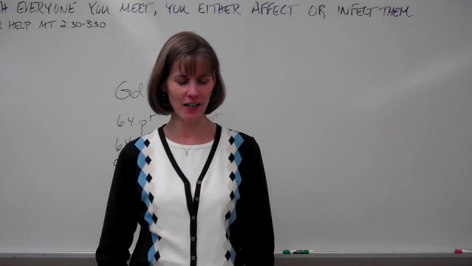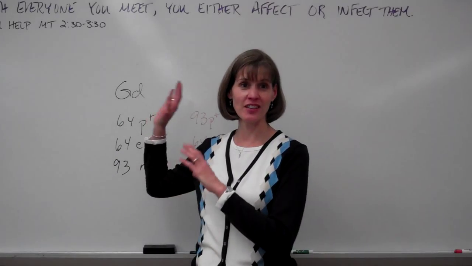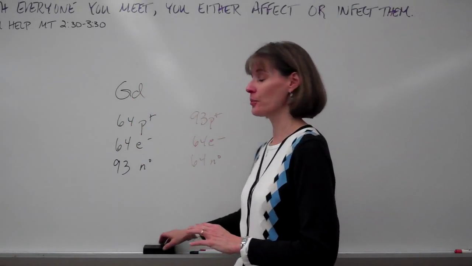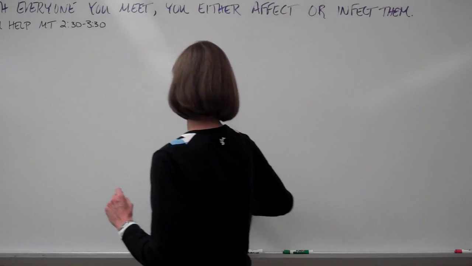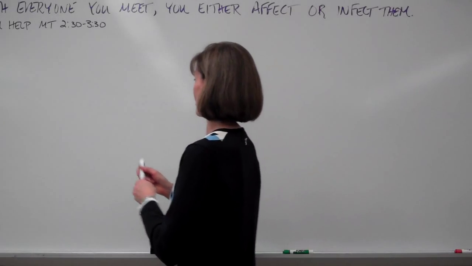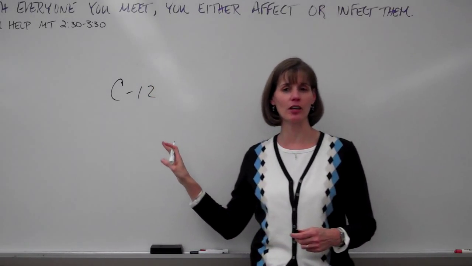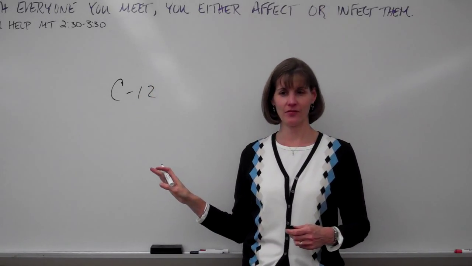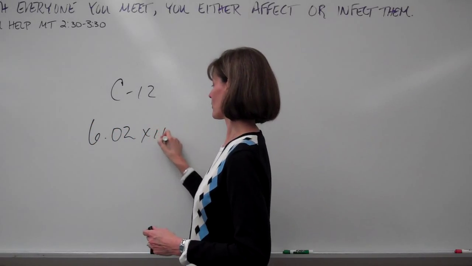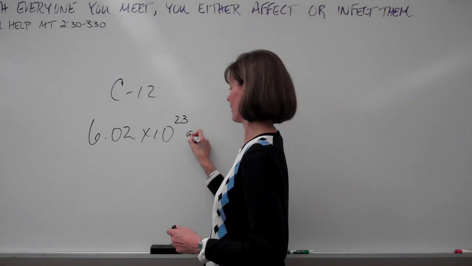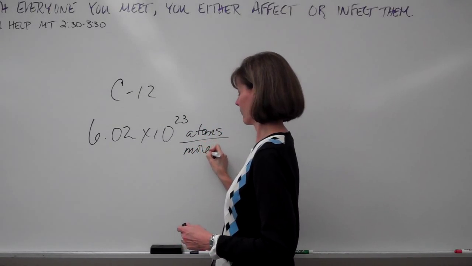How many atoms are in a mole of our standard on the periodic table, what is our element that's the standard? Carbon 12. How many atoms are in a mole of it? 6.02 times 10 to the 23rd atoms in one mole.